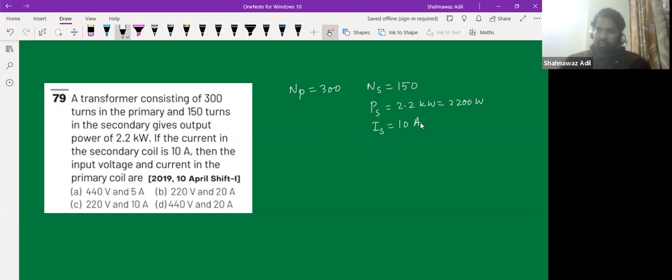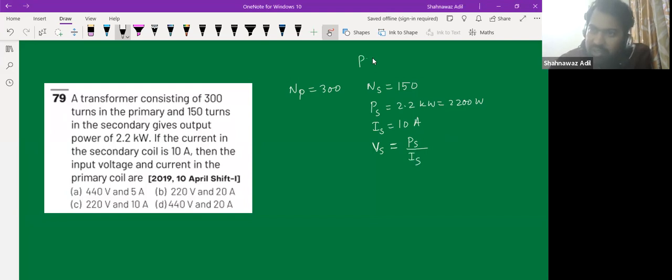So what can we calculate? We know the power and the current. So what would be the voltage in the secondary coil? That would be the power in the secondary coil divided by current, P by I, right?